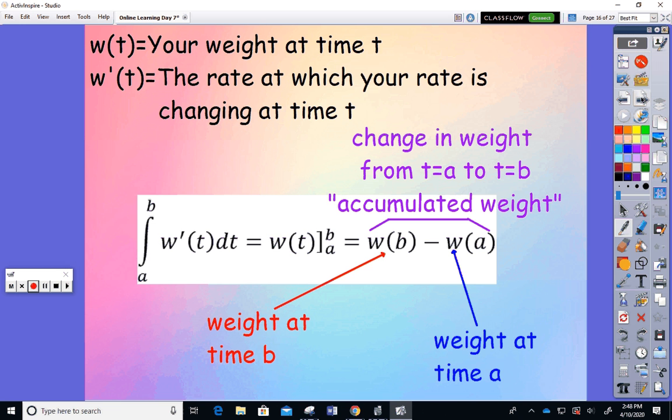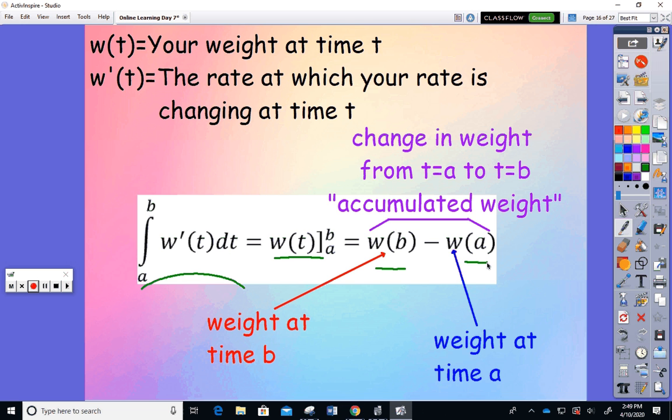So we're going to assume that you understood that W of t is your weight. W prime of t is the rate at which your weight is changing. Okay? So if I apply the fundamental theorem of calculus to this integral, then the integral of W prime of t dt means take the antiderivative of W prime, which would be W of t, and I know I've got to take that from A to B, so W of B minus W of A. Now, think about what you've got.